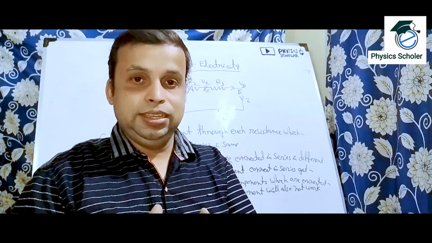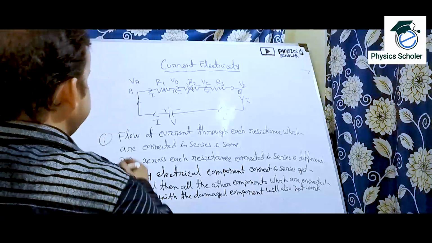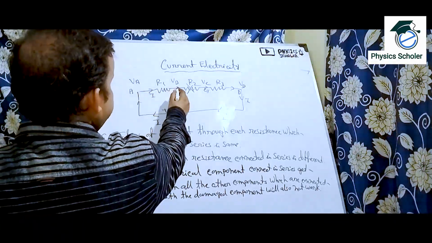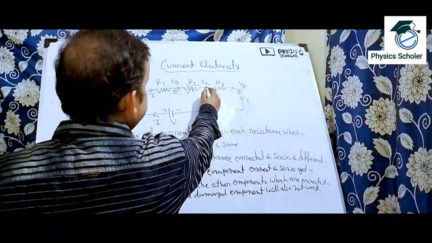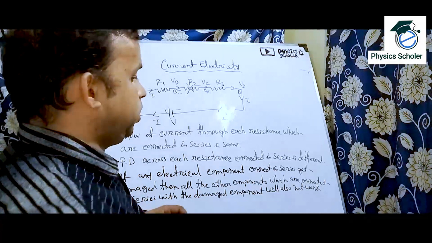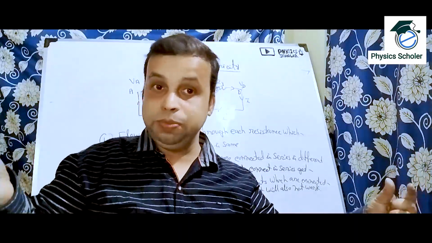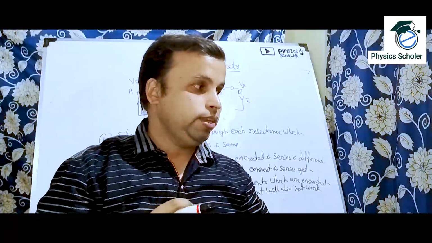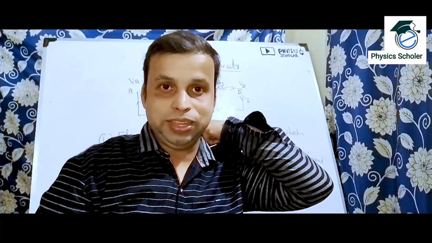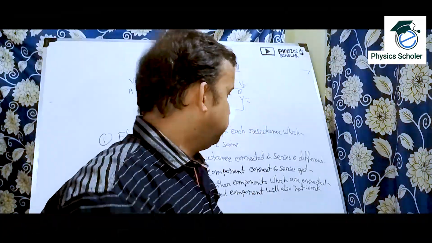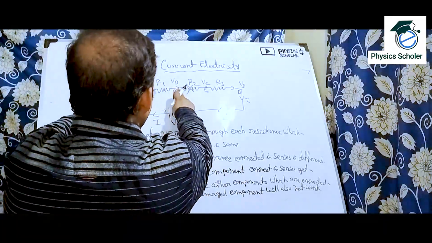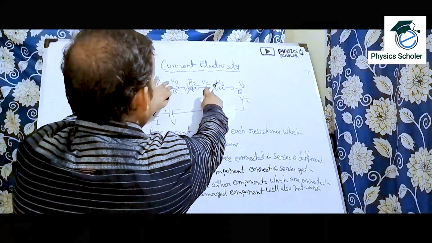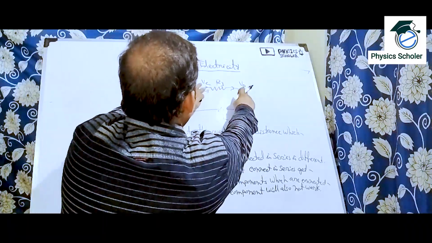And as for the voltage differences, see, VA is greater than VB, VB is greater than VC, VC is greater than VD. That means as we move from the starting point to the end point, there is a voltage drop at every point. This is the potential difference of this instrument, this is the potential difference, this is the potential difference.